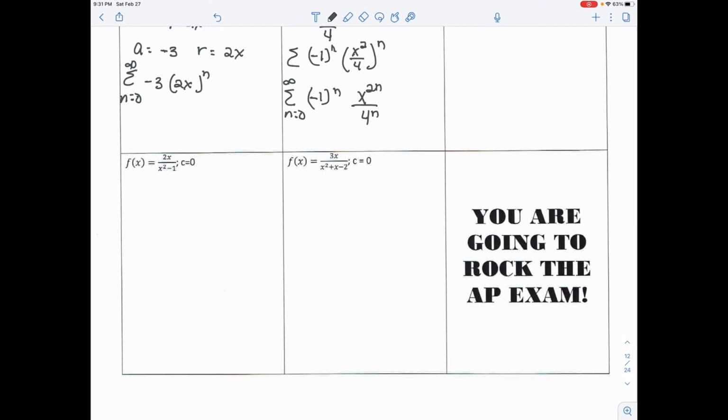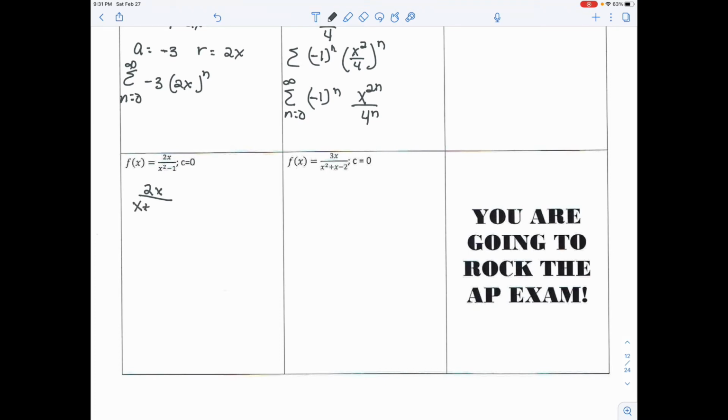Now, this one's a little different. Well, still not different because I can still just rearrange this and get 2x. I don't think I can do that because of the x's in the numerator.